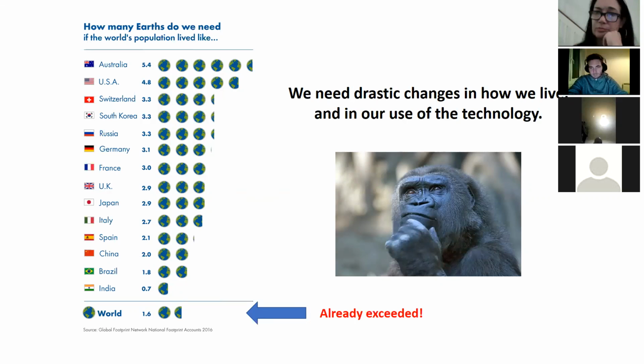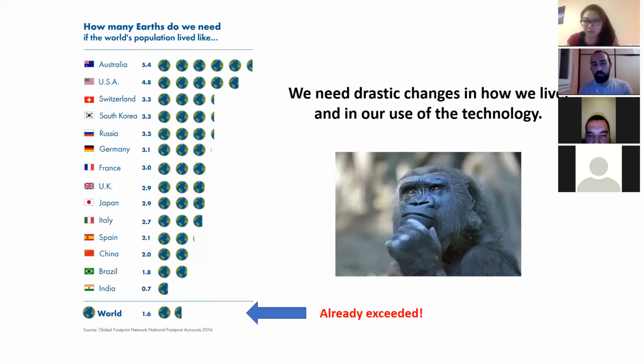I can't suggest that we live like Indians, but we should do something about it. They don't have cars, as you said. They live like we lived 300 years ago.